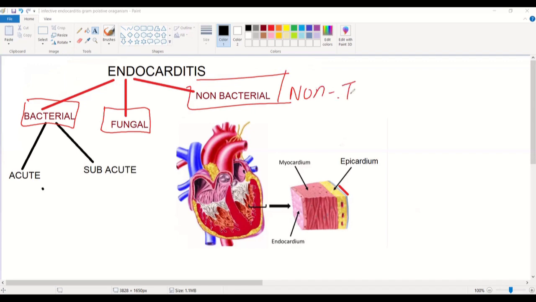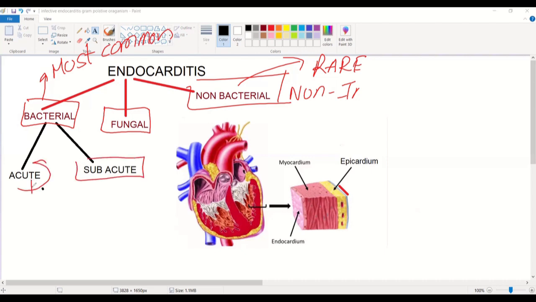We will discuss this. This is rare, and this is most common. Bacterial endocarditis is further divided into two types, acute and subacute.